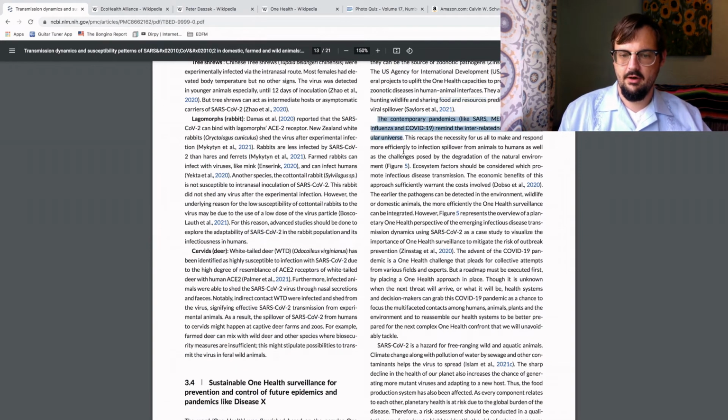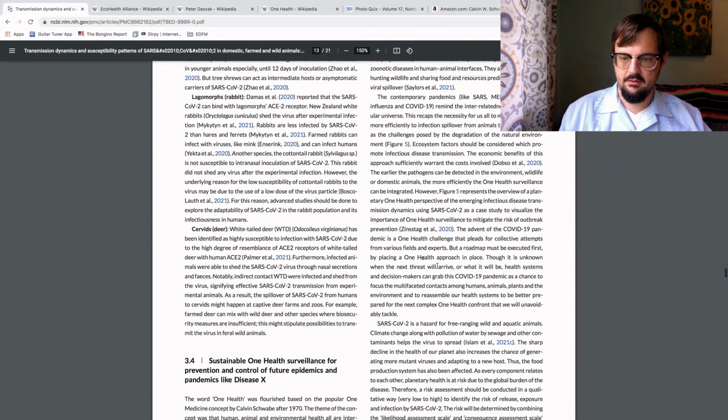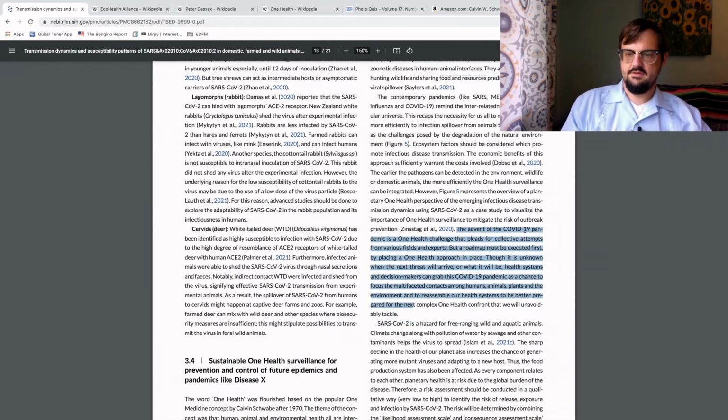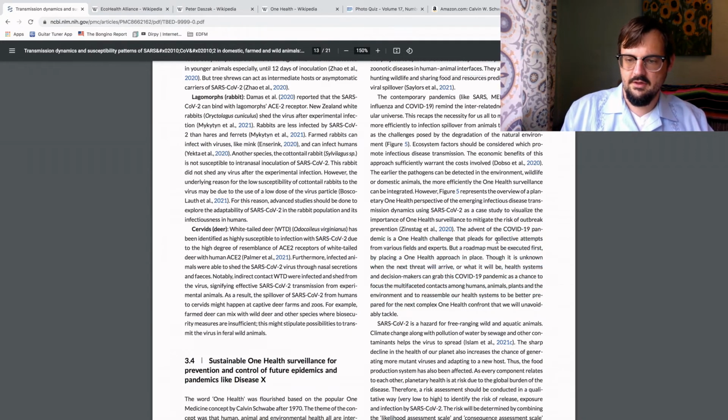And this is an important paragraph too, but I'm just going to skip down and get to the heart of it, which is to say that the advent of the pandemic is a One Health challenge that pleads for collective attempts from various fields and experts. So of course we have a problem reaction solution going on here.